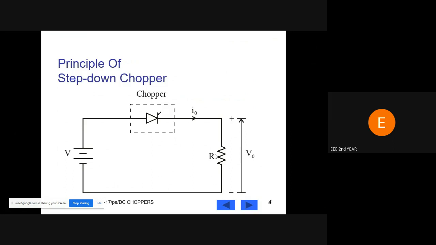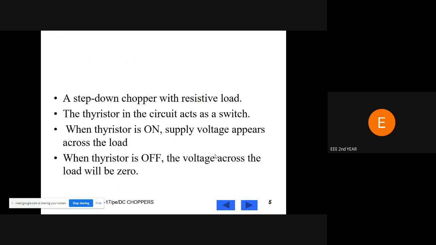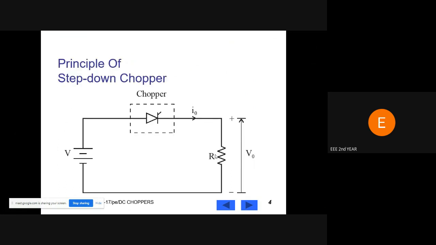In a step down chopper, we connect the chopper between the input voltage and a load resistance. The chopper acts as a switch.